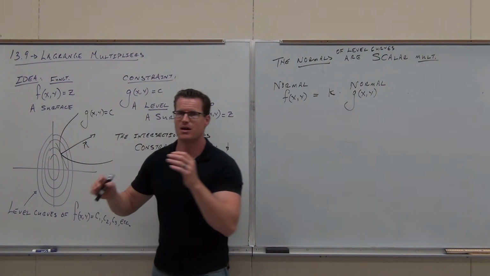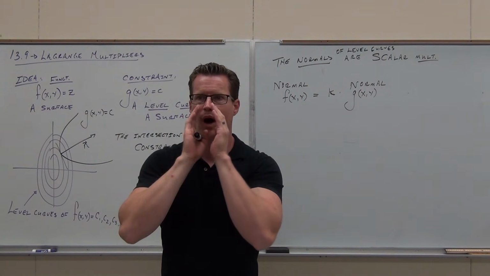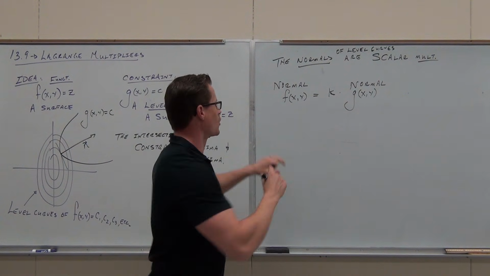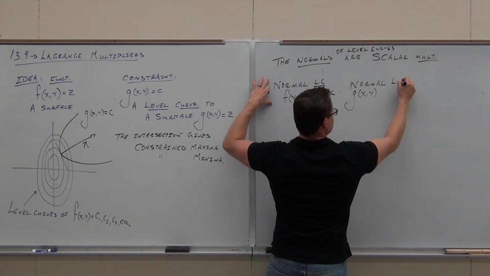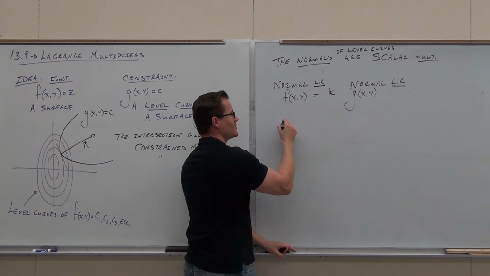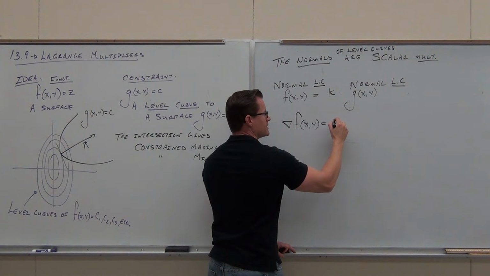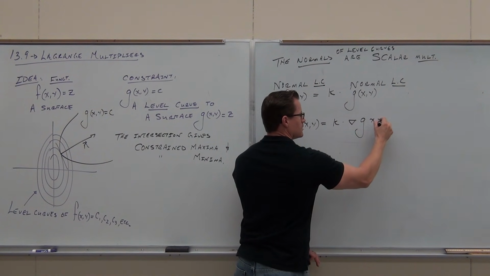Put all of your knowledge of this chapter together. What gives you normals to level curves? Gradient. That means the gradient for f must be a scalar multiple of the gradient of g.